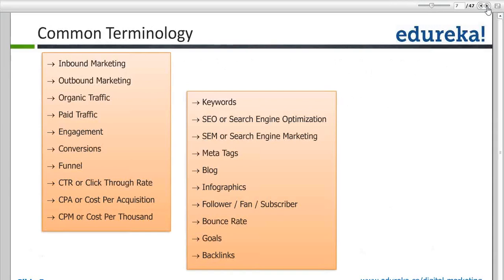I'm sure you would have heard of something called conversions. Conversions are nothing but the percentage of users that have visited your website and those who have actually converted. Converted means, let's say I am a website selling discount coupons, something like coupondunia.com.